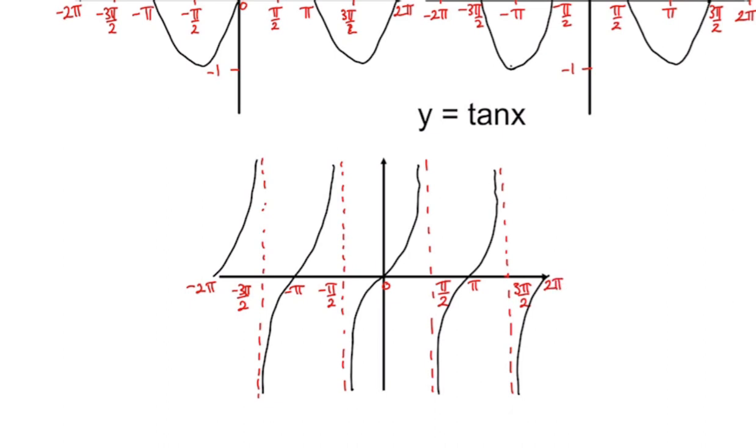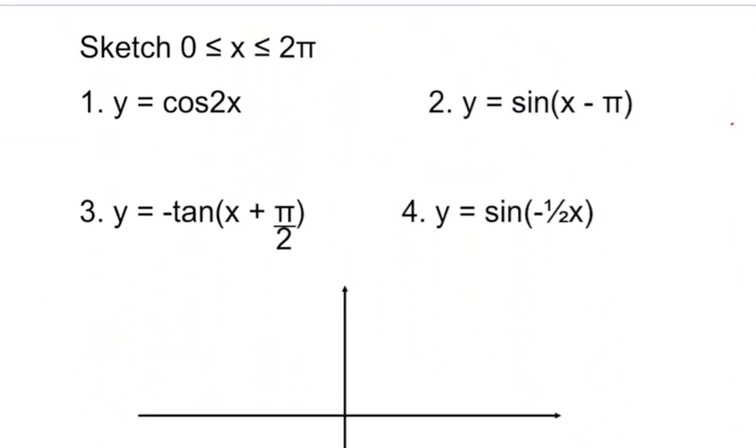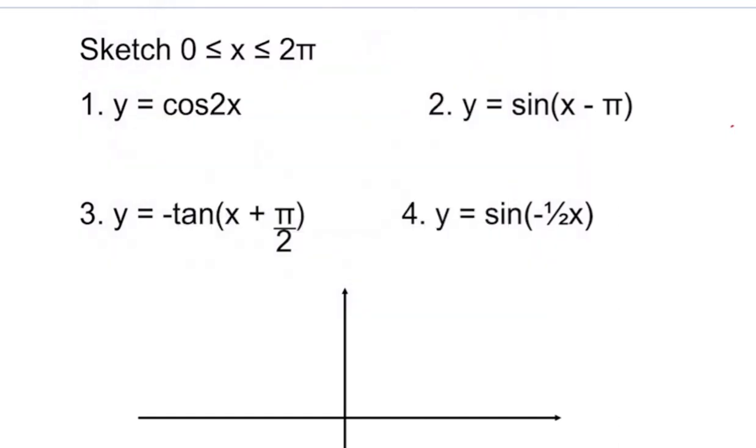So those are the standard graphs that you should already know, and all you are doing is sketching them, but instead of sketching them in degrees, you're sketching them in radians. So we can use the base graphs for trig to do some sketching of graphs, but this time in radians.